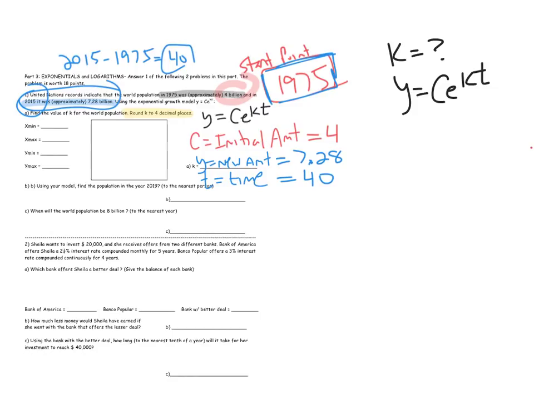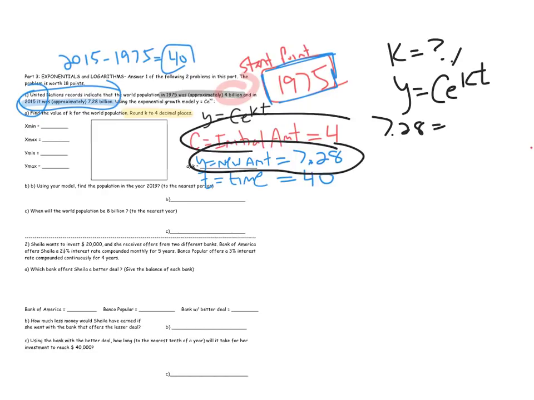So I have y, that's going to be 7.28. That equals c, the initial amount, which we set as 4, times e raised to the k times t. Here our time was 40, so it's going to be 40k power. And this is going to be the equation that we're going to use to solve for k.